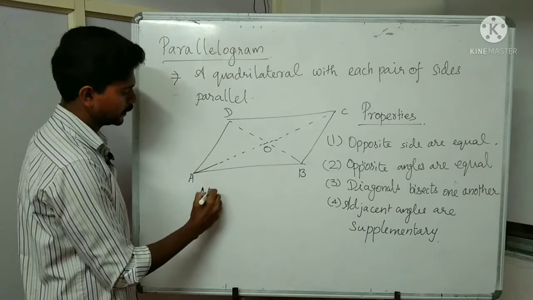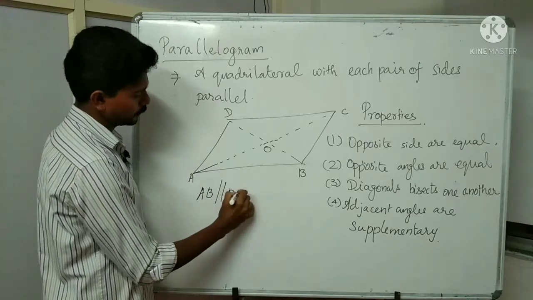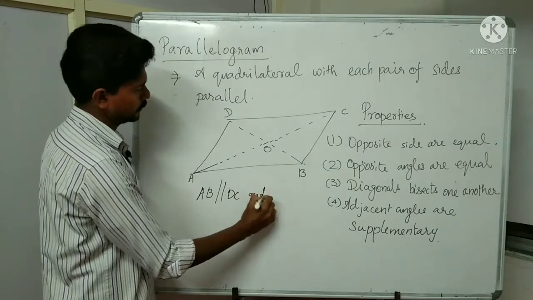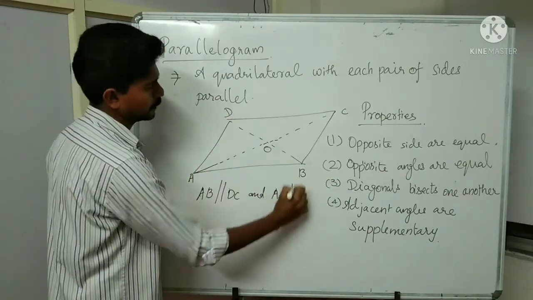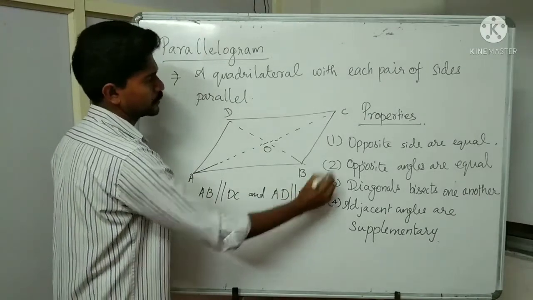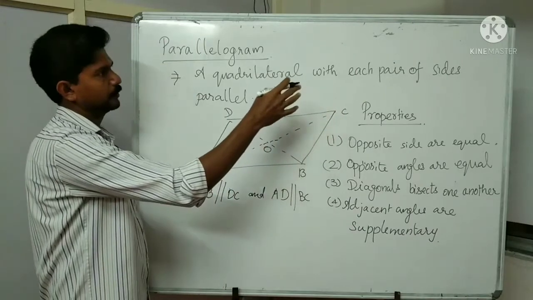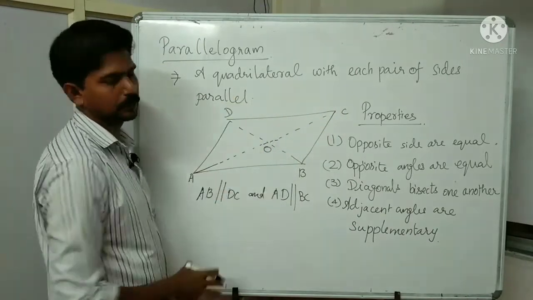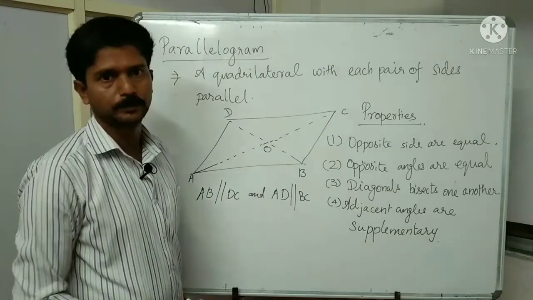In the same way, side AD is parallel to side BC. So each pair of opposite sides is parallel, and then it is a parallelogram.